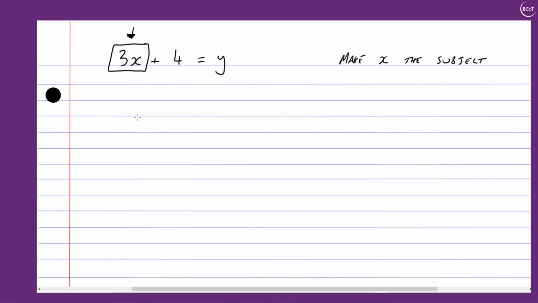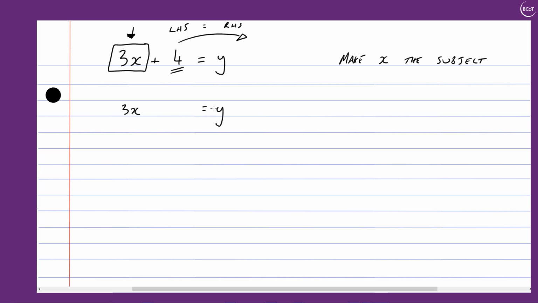So the first thing we can do to start getting x on its own is to move the 4 from the left-hand side of the equation to the right-hand side. So we're going to change the side, change the sign for the 4. So what we end up with is 3x.